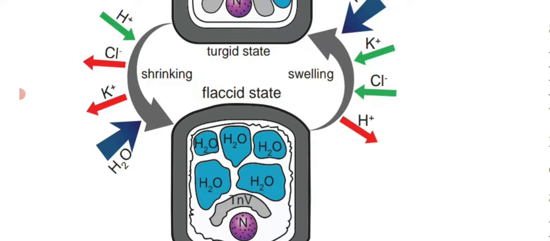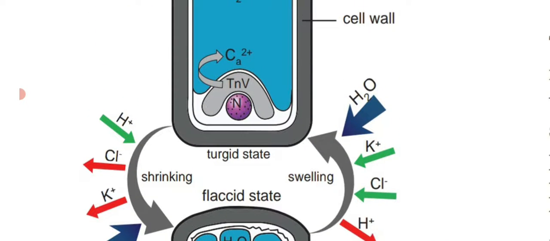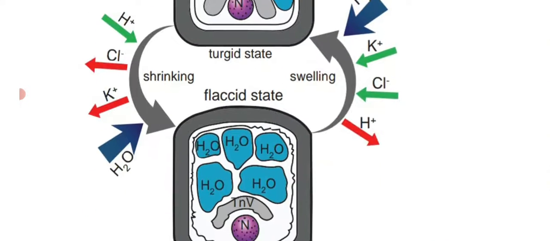When water molecules are again added, these molecules are converted into large molecules of water, and also there is no continuous flow of the water. So the cell looks flaccid.